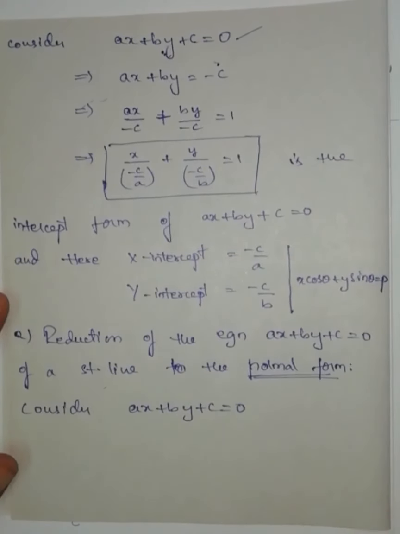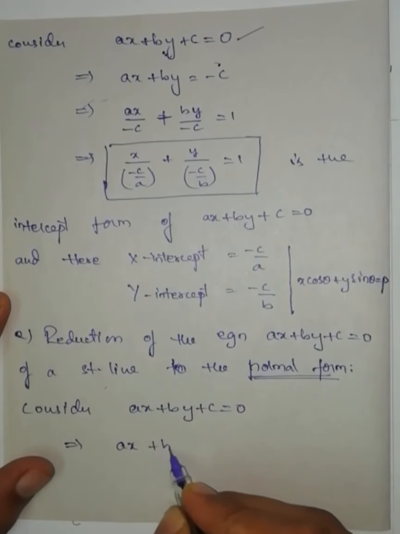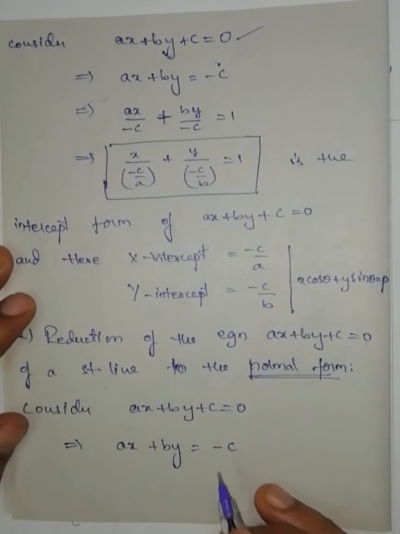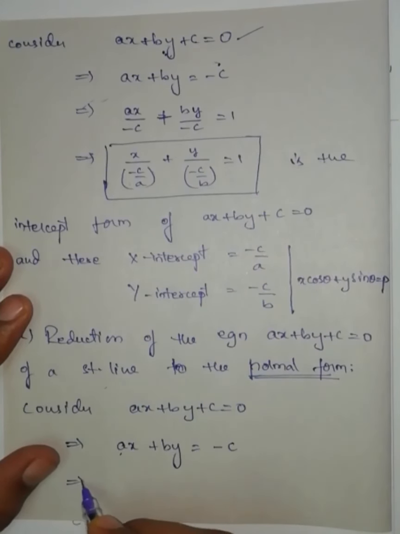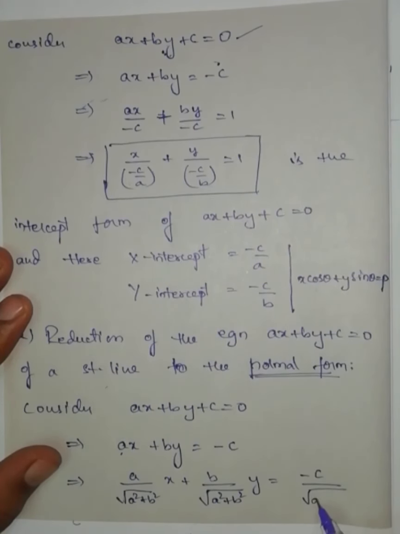Now I am going to reduce this as follows. This implies ax plus by, taking c to the right hand side, is equal to minus c. Now I am going to divide both sides by under root of a square plus b square. So here you will get a by under root a square plus b square into x plus b by under root a square plus b square into y is equal to minus c by under root a square plus b square.